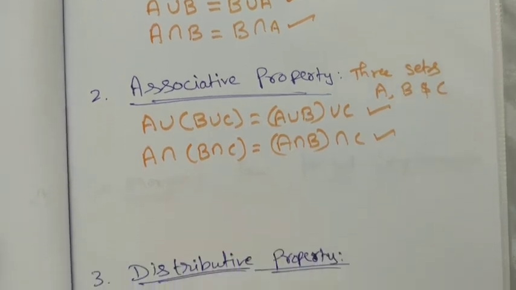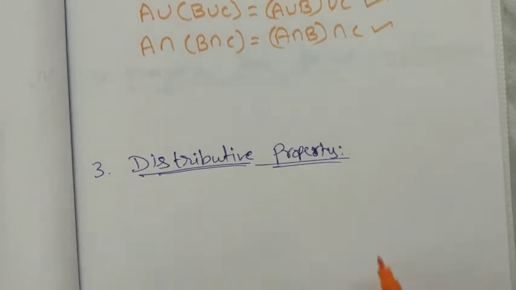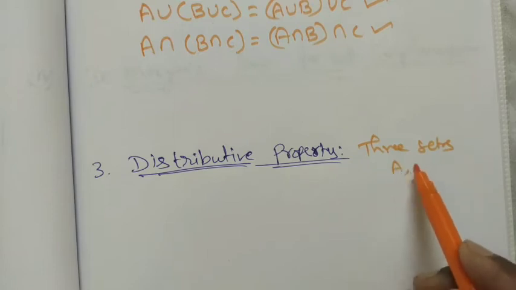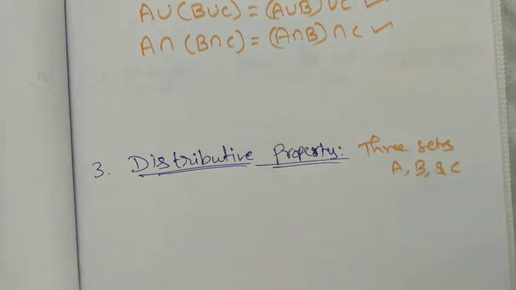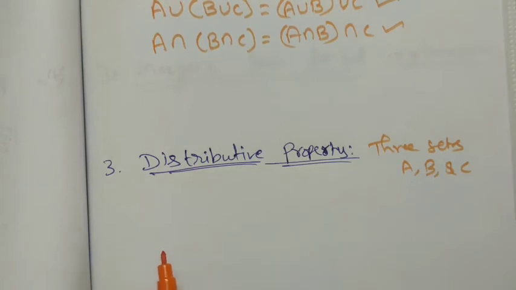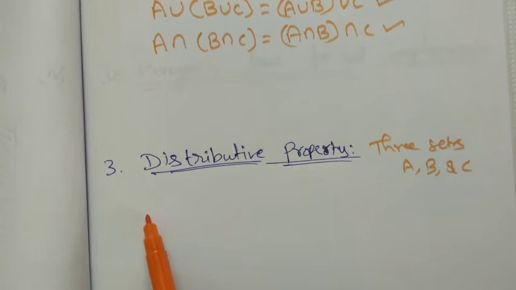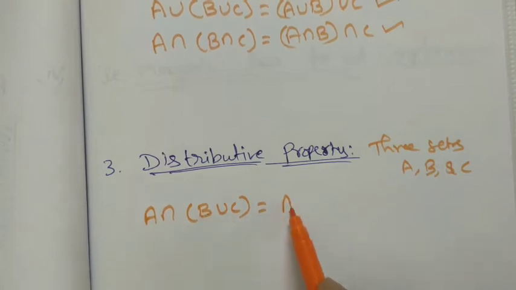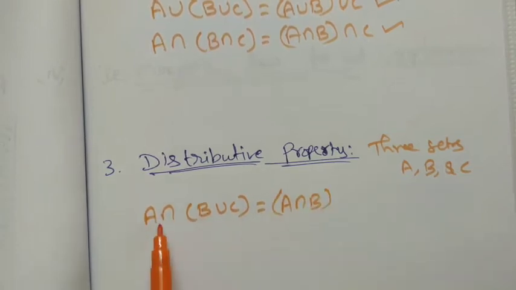Next we see the distributive property. In distributive property also we have three sets, A, B and C. In distributive property we have both union and intersection mixed. First one, A intersection (B union C). Here intersection means the next is union.